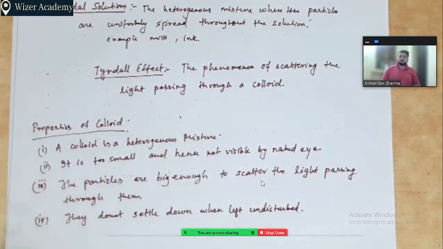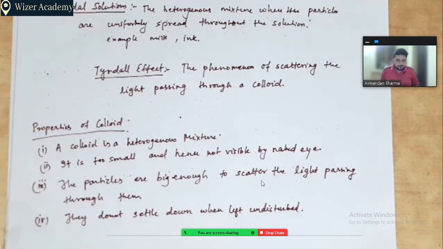So this is the type of mixture which is intermediate between solution and suspension. The particles are suspended, uniformly distributed throughout the solution, but it is a heterogeneous mixture. It is not a homogeneous mixture.